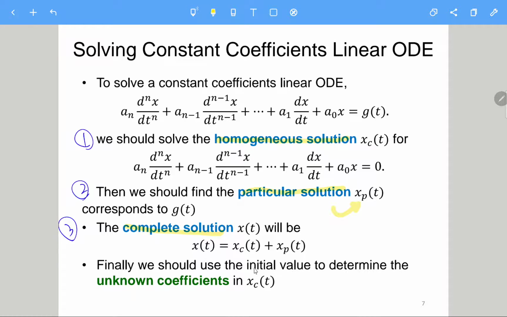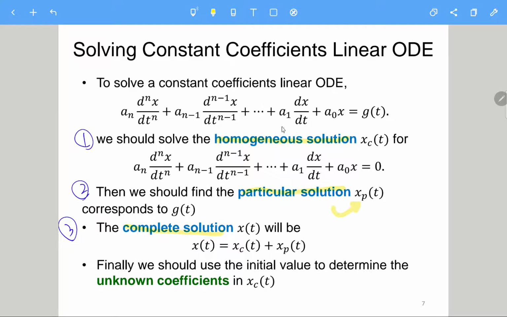Finally, we should use the initial value to determine the unknown coefficients. Some of the questions we may need to do this, because if we don't have initial values for the ODE, then probably there will be infinitely many solutions.